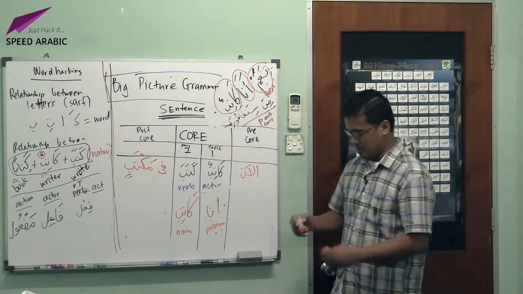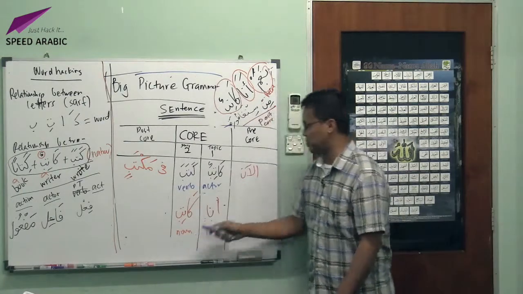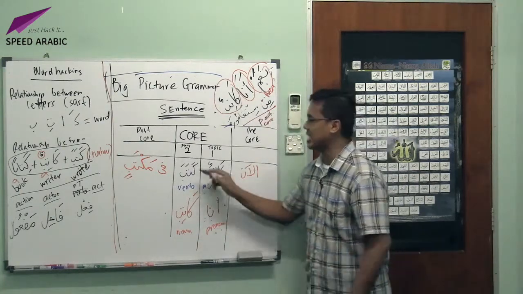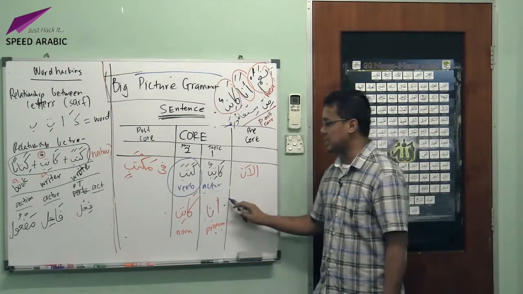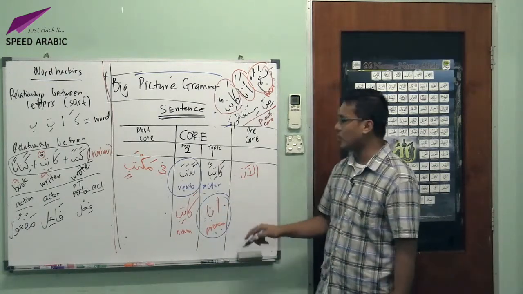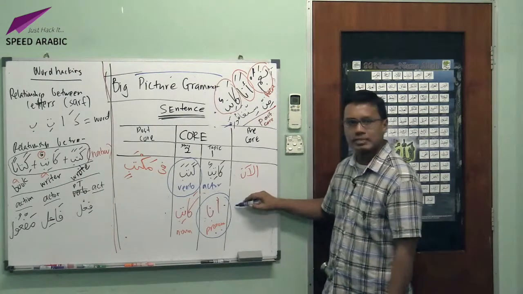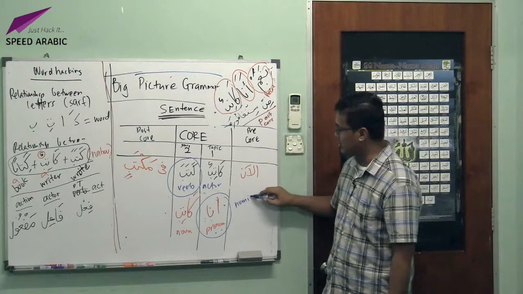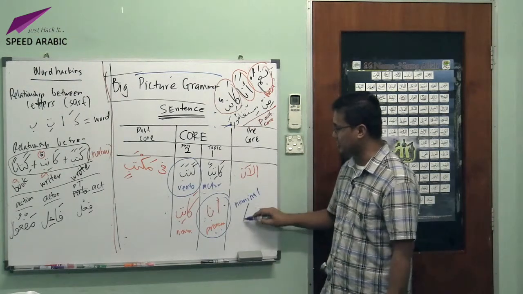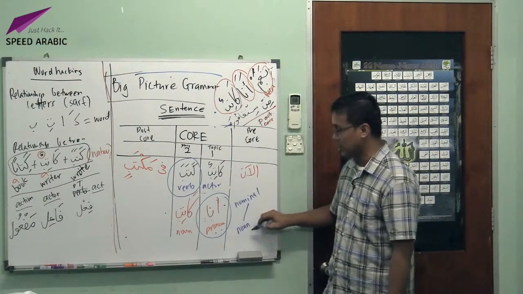Okay. What's the difference? The difference between the verbal sentence is it begins with a verb. The nominal sentence begins with a pronoun. Why is this not called a nounal sentence? It is called a nominal sentence because sometimes it begins with a noun.